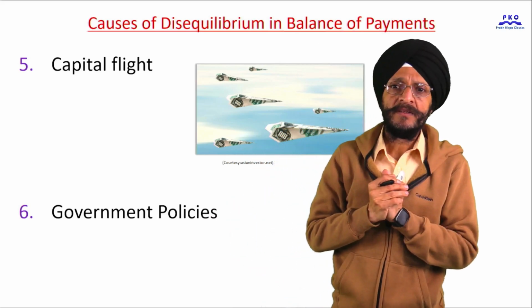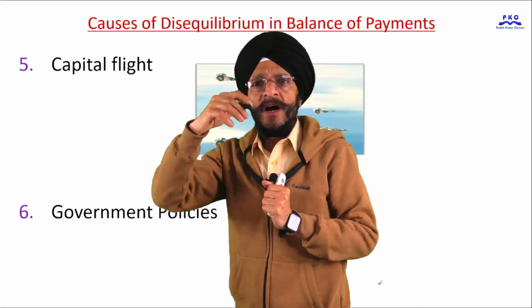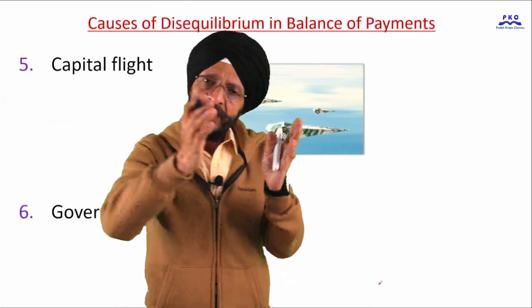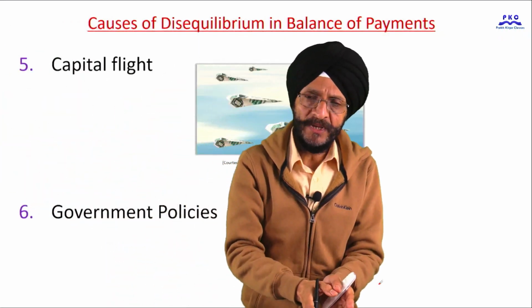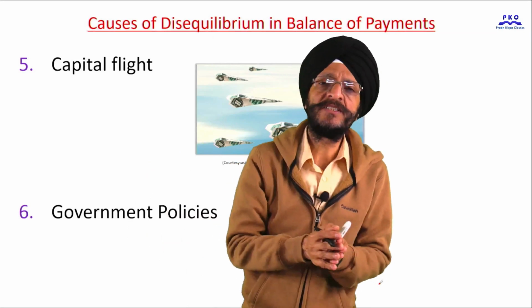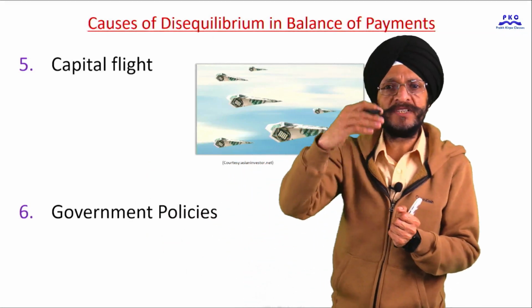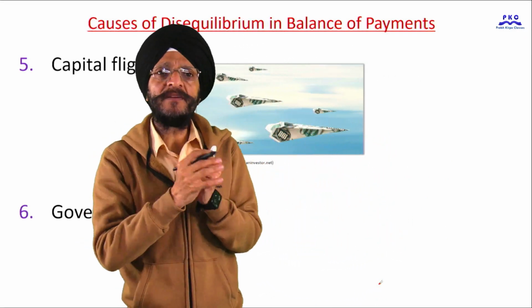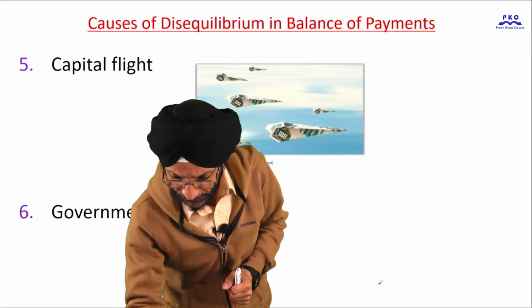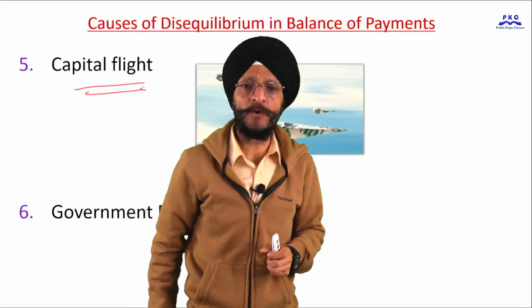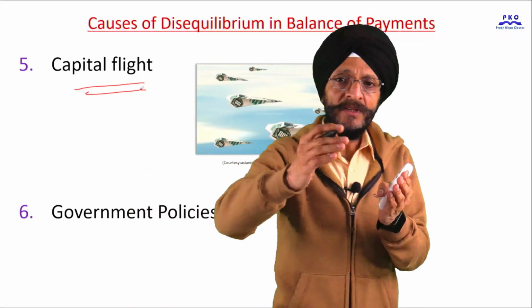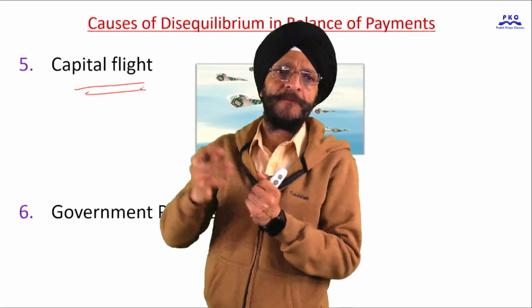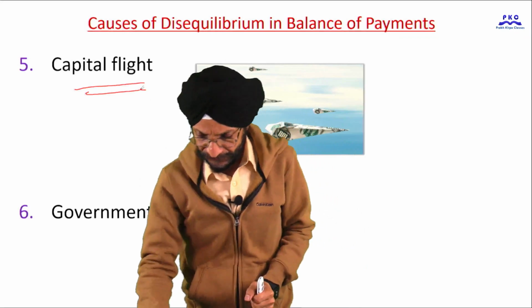Sometimes if higher interest rates are there in the rest of the world in comparison to the domestic country, then investors of our country may also send their money abroad. So the capital flight is also a reason for disequilibrium in balance of payments, as foreign exchange will go out of our country.